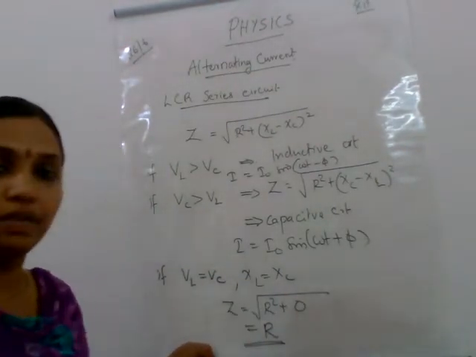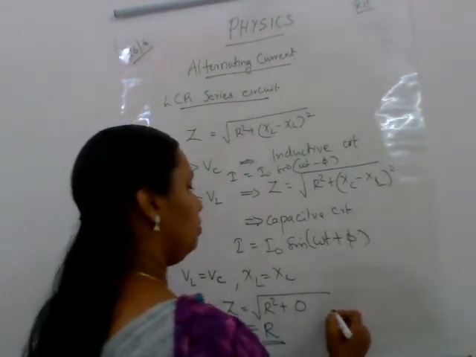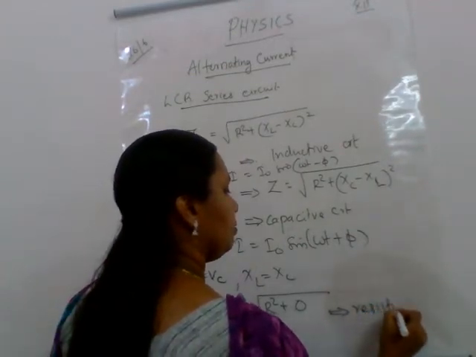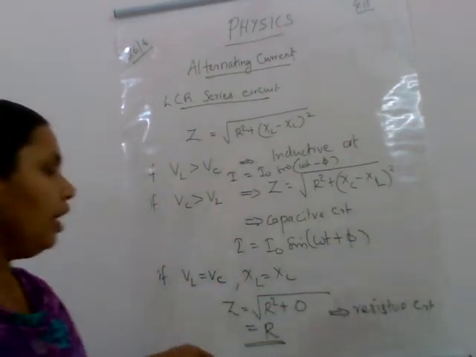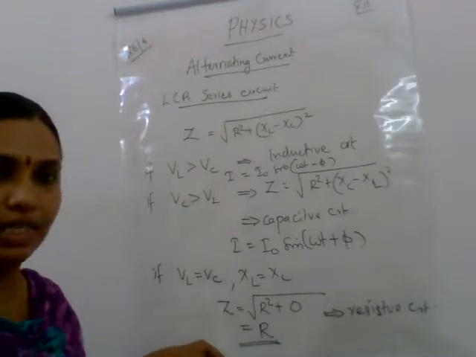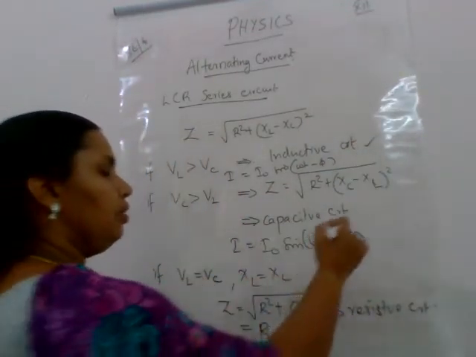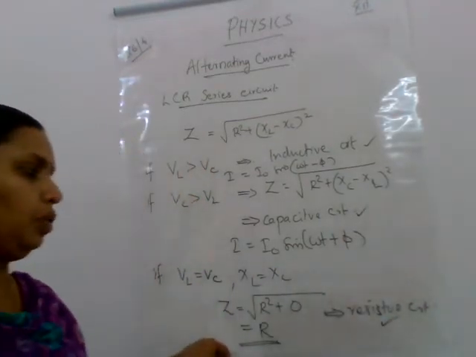So the net opposition will be equal to the resistance of the resistor. Such a circuit is known as a resistive circuit. So according to the values of VL and VC, this series circuit will act as an inductive circuit, a capacitive circuit, or a resistive circuit.